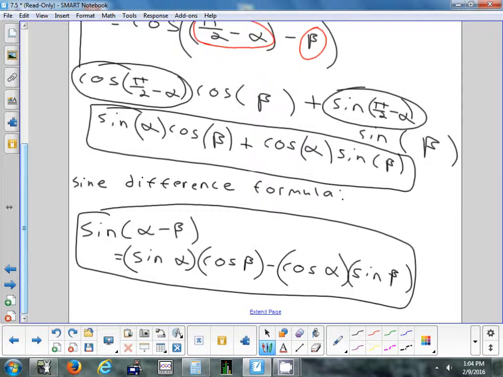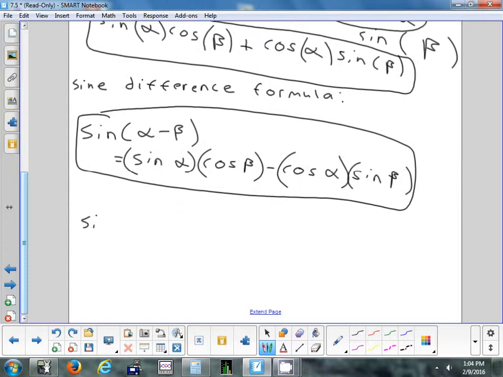Okay, any question on the sine difference formula? What if I asked you to find sine 105? How would you do that? And there might be more than one way.